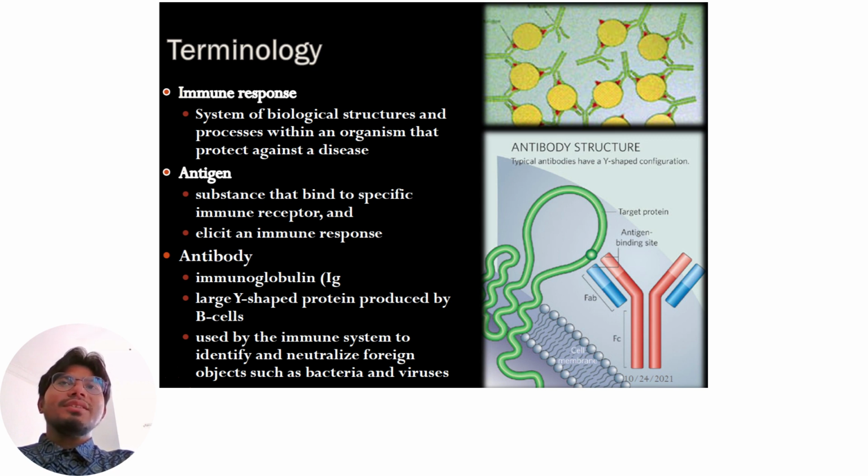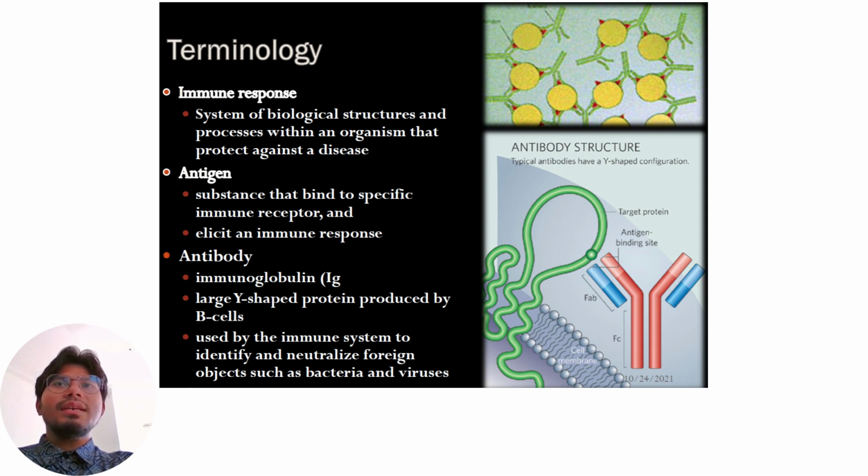Then antigen. Antigen is something that is not owned by your body that can elicit immune response. While antibody is the rival of antigen. Antibody will be stimulated by the presence of antigen that are components of a pathogen.